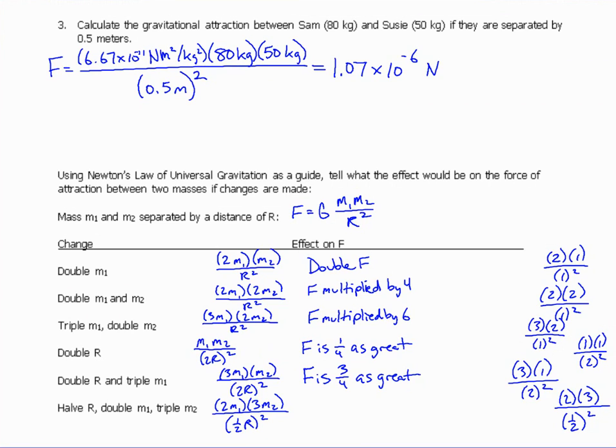So what you have is 2 times 3, which is 6, and you have 1/4 on the bottom. So 6 times 4, the force is multiplied by 24.